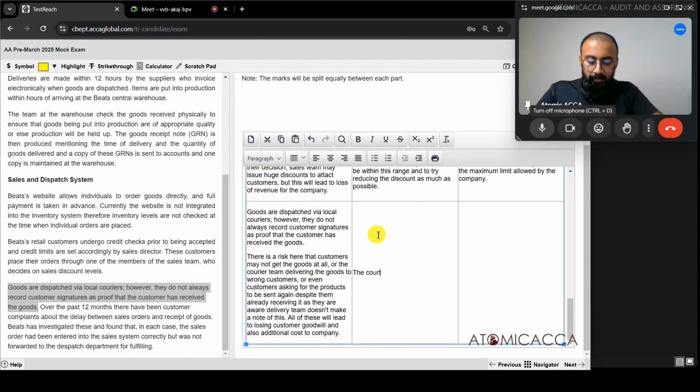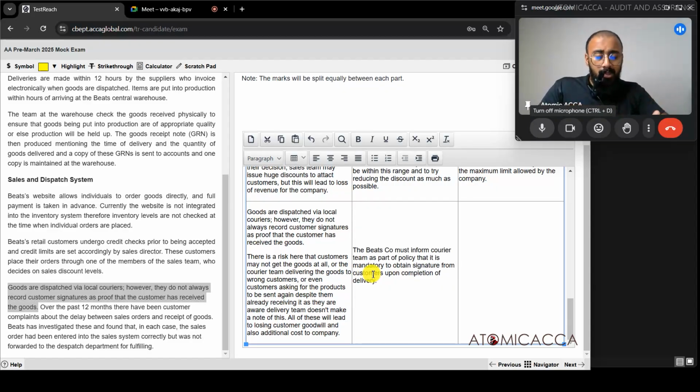The Beats company must inform the courier team, as part of policy, that it is mandatory to obtain a signature from customers upon completion of delivery. Now that's a flip point.